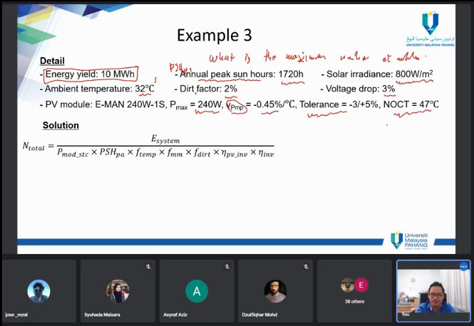Apa? E-system tu berapa? Cepat. E-system Rizal boleh jawab ke? What is the value of E-system? Which one? Ni lah, 10 tu. Di atas kiri tu.